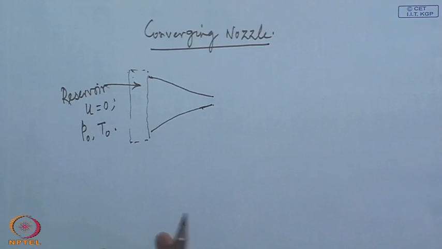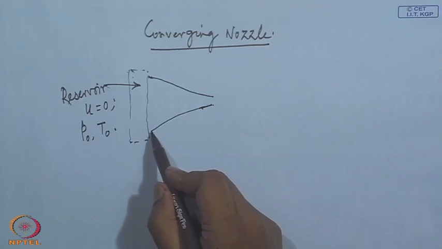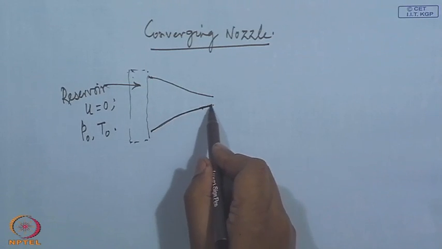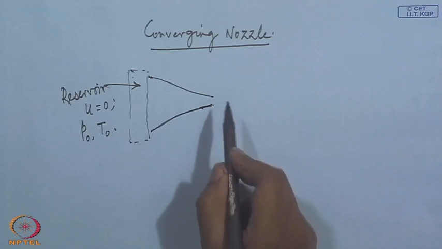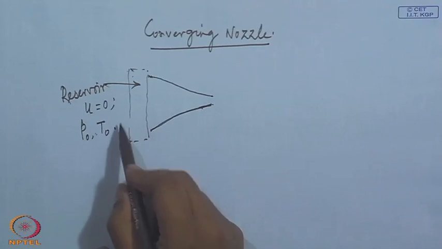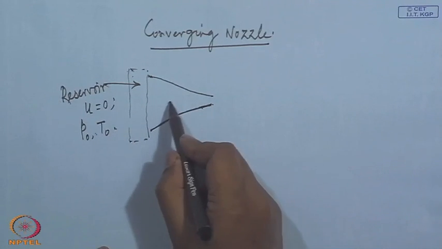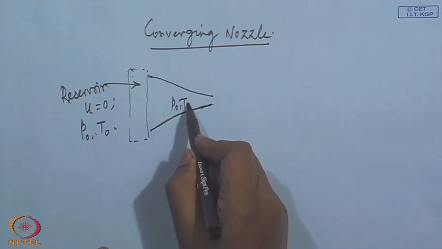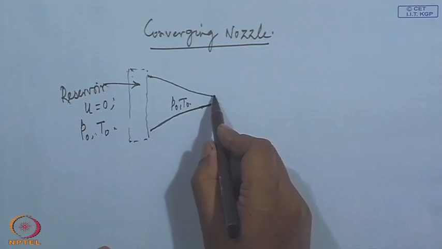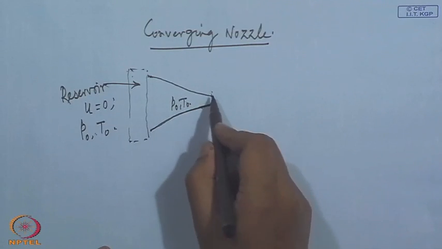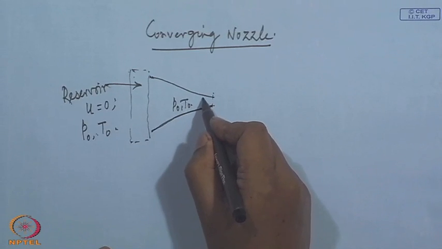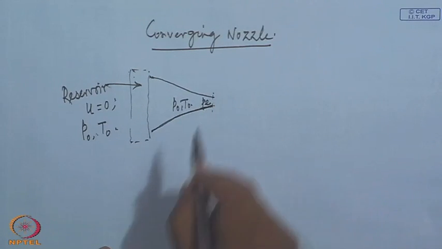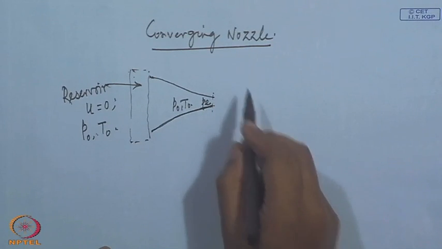We will consider that the flow is isentropic, as we have done in our analysis. So, this P0 and T0 remain constant, the same P0 and T0 throughout, and at the exit it attains a pressure of P_e, the exit pressure.